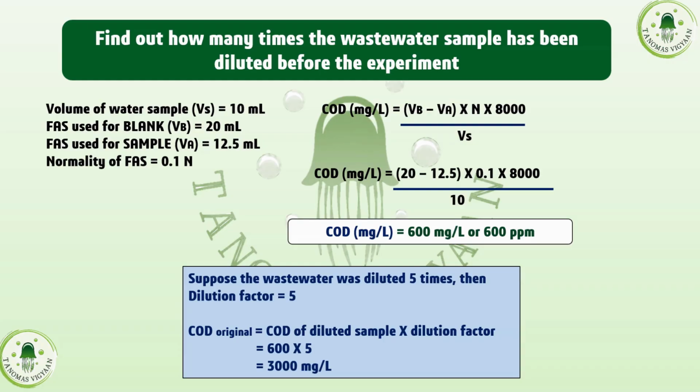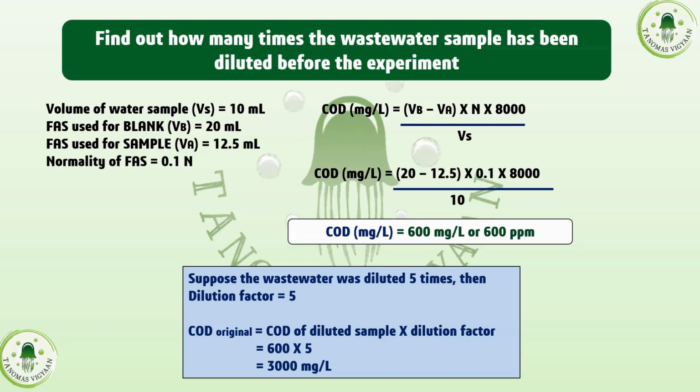Suppose you have diluted your sample 5 times, so your dilution factor will become 5. So the COD of the original sample is the COD of the diluted sample into the dilution factor. That will become 600, that is the COD which you have calculated, into the dilution factor 5, which will give you 3000 mg per liter.